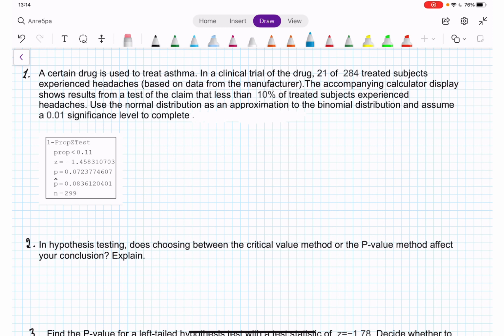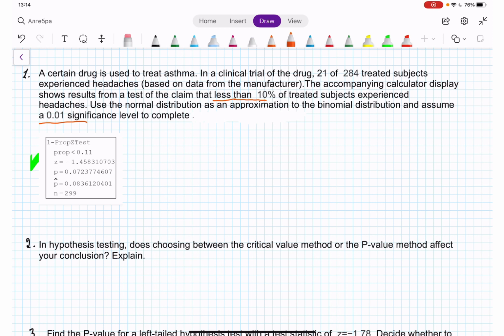The accompanying calculator display shows results from a test of the claim that less than 10% of treated subjects experienced headache. Use the normal distribution as an approximation to the binomial distribution and assume a 0.01 significance level.